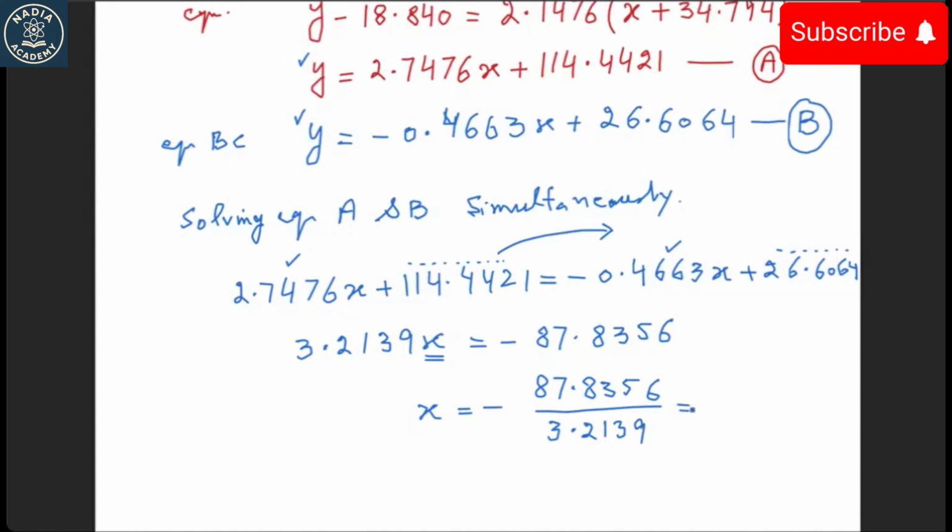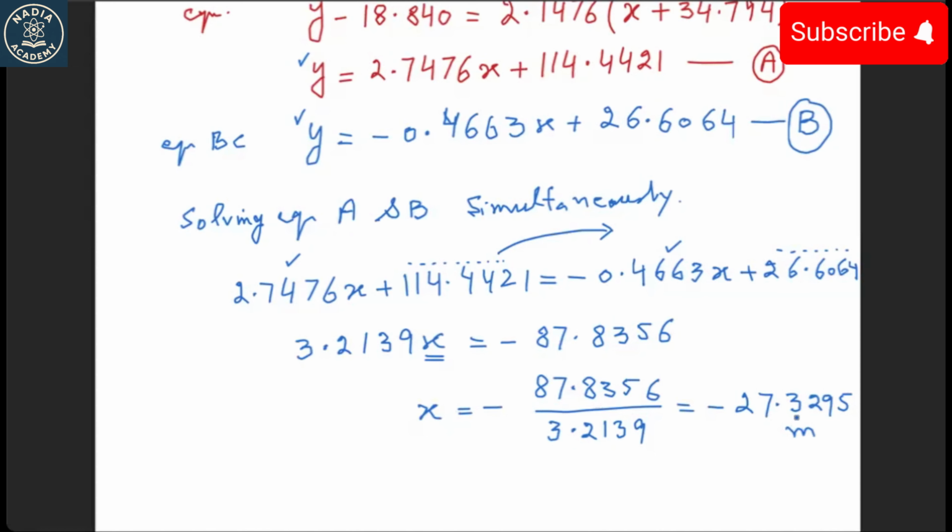And this answer is equal to, it must be negative, negative 27.3295. So this x is in the units of meter.